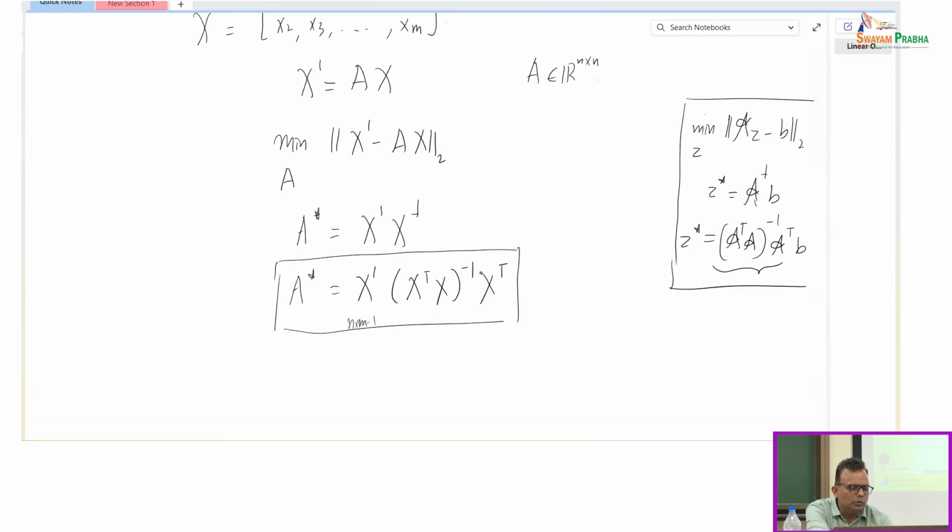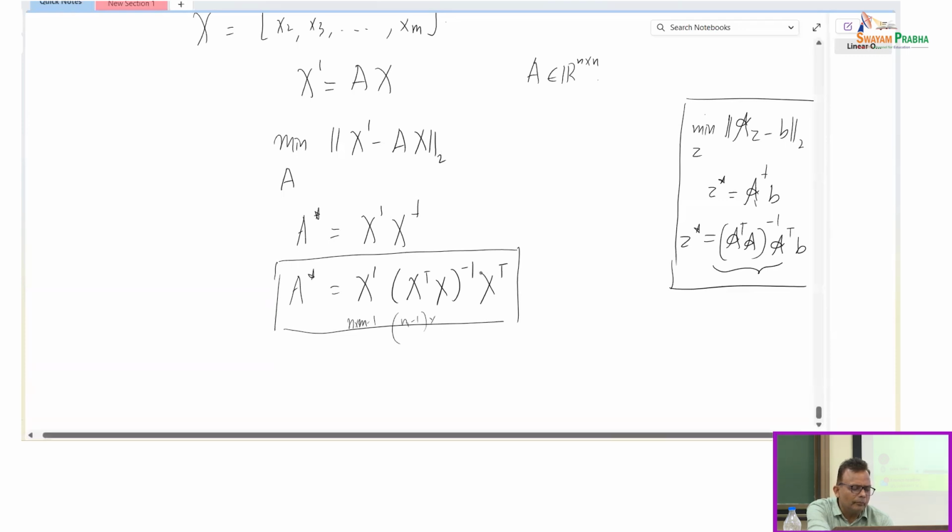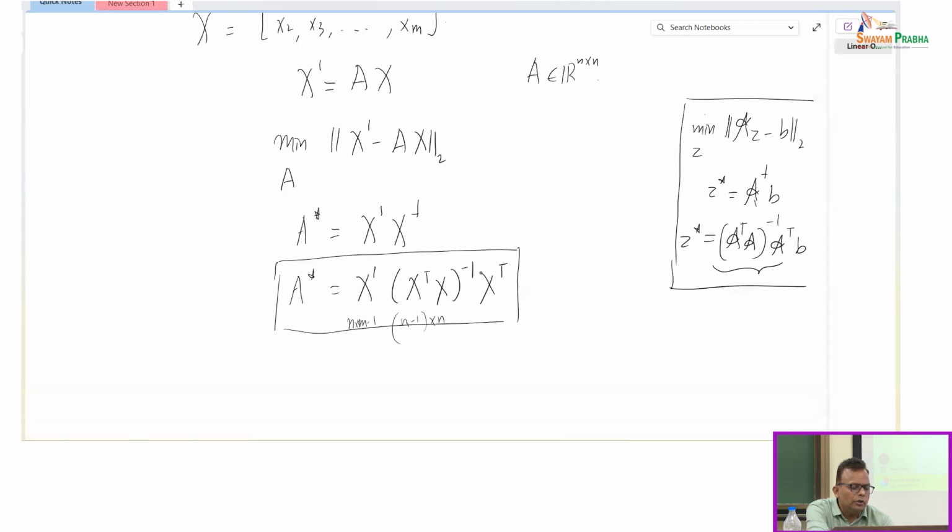And then this has to match the dimension, so it should be m times n, so that overall it should be n. You will never compute A star using this formula, especially when you have m very large. If m is very small, then you can do this. But if m is very large, then you have to use the singular value decomposition.